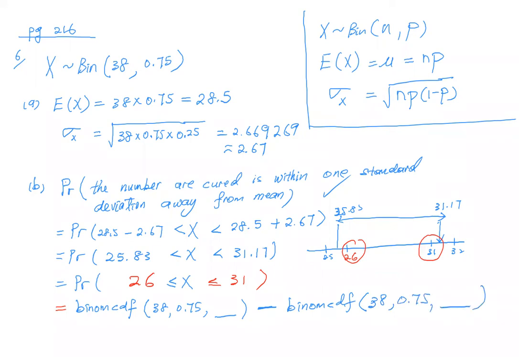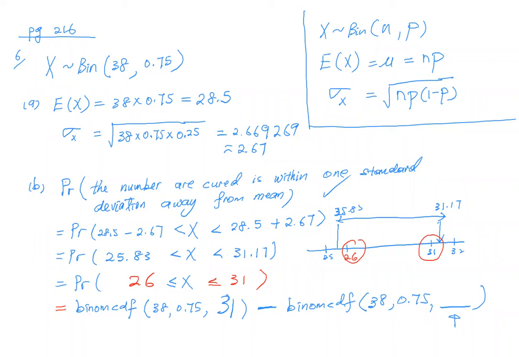For the first one, what must I put down? 31, good. Then how about here? 26 or 25? This is what you want.